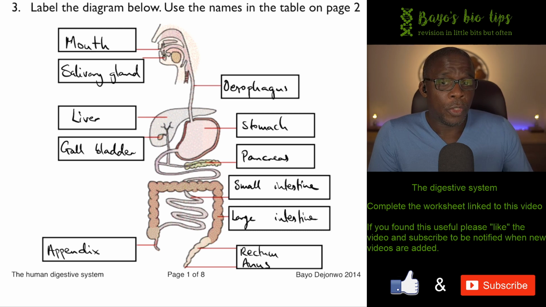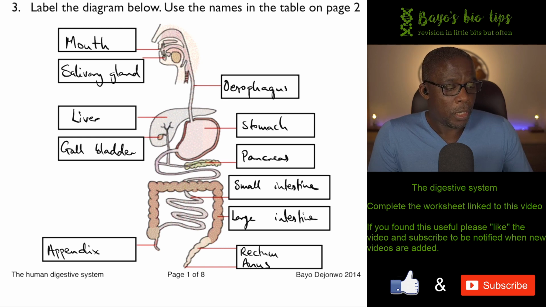We then move on to the next major structure, the small intestine. The small intestine is where digestion is completed, and then the products of digestion are absorbed into the body. Then you go on to the large intestine, which is responsible for absorbing water out of the food.